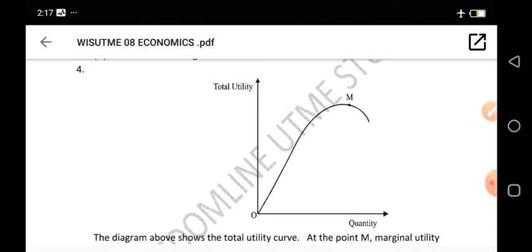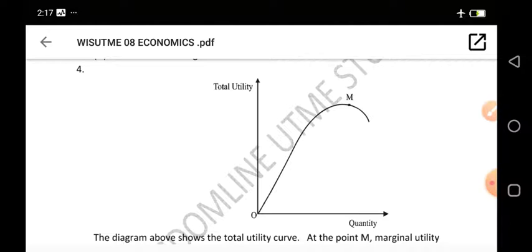Now, as the theory explains, if you consume more of a commodity, it gets to a point where you reach saturation, and any other consumption of that commodity would lead to a loss of satisfaction.